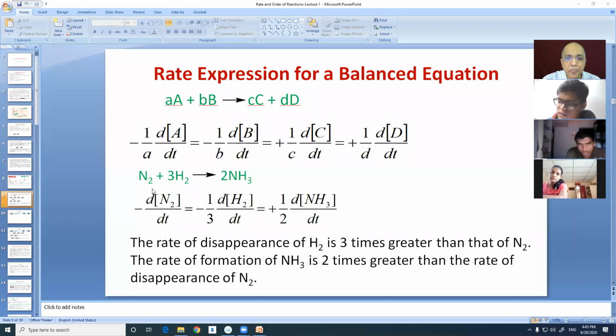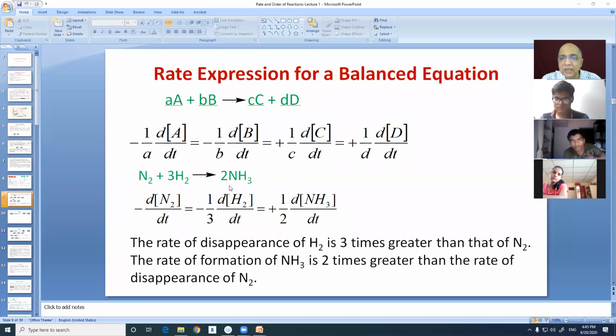For example, the rate at which nitrogen is disappearing with time will be 1/3 of the rate at which hydrogen is disappearing. While 3 hydrogen molecules die, only 1 nitrogen molecule dies. So the rate of disappearance of hydrogen is 3 times greater than the rate of disappearance of nitrogen.